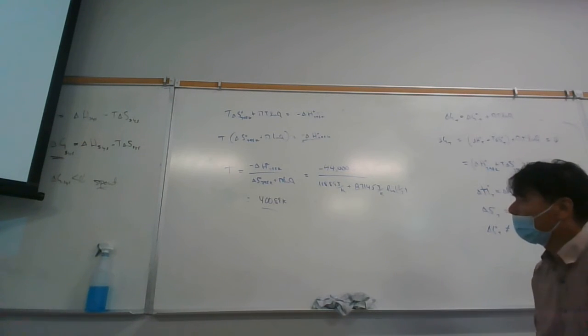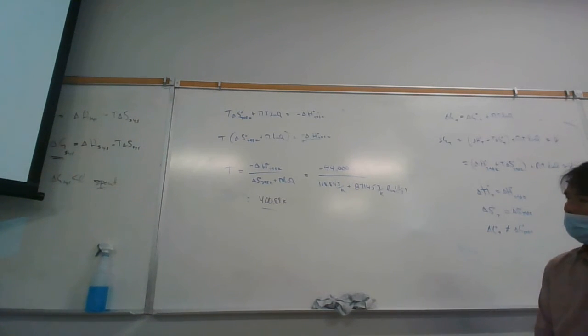To get a vapor pressure of 1 atmosphere requires a temperature of 373 Kelvin. And so I made a mistake here. Let's try to find my mistake. Or I made a mistake in my calculation.